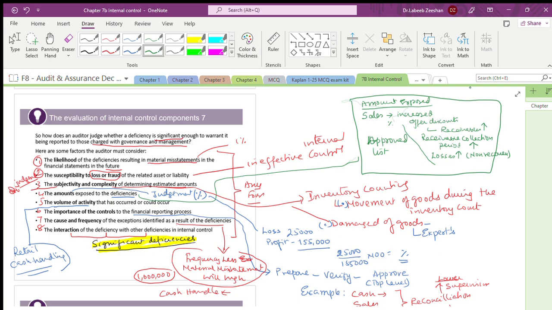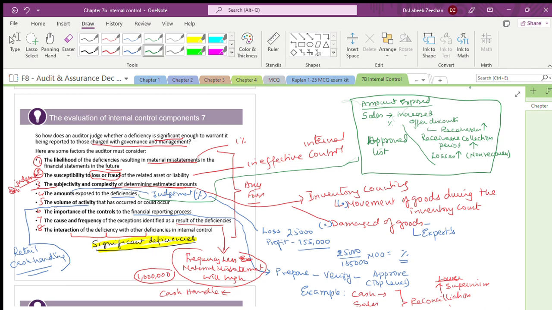If you are giving the credit only to the approved list, definitely we can minimize the bad debts. That is the example for point number 4.